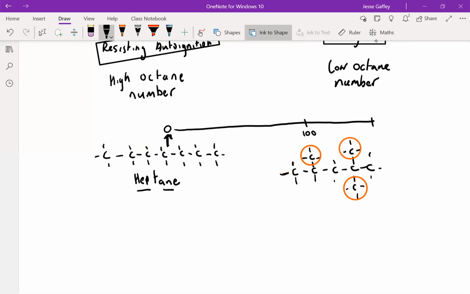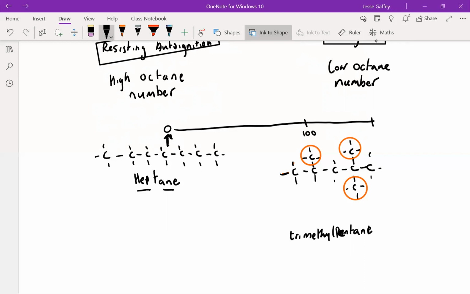Well, what we've got is 1, 2, 3 methyl groups. We've got a chain of 5 carbons, so the parent name is going to be pentane because we've got 5 carbons in our main chain. We've got 3 methyls, so it's going to be trimethyl pentane. And then where are the branches?